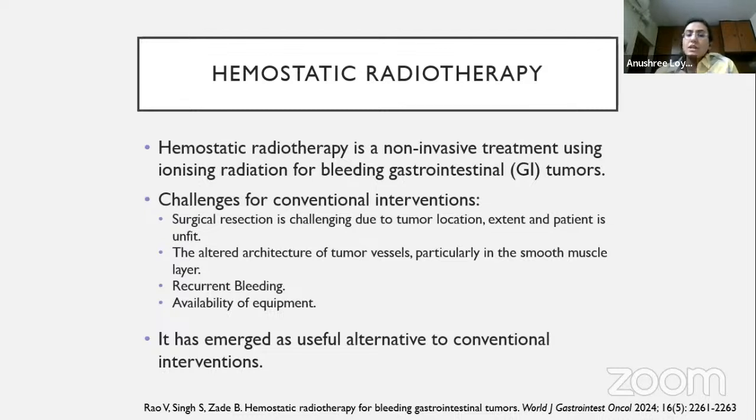Also, we know that the architecture of the tumor vessels in cancer is different from that in other causes of bleeding, so endoscopic methods or embolization may not always be successful. Even if it is successful, the patient may present with recurrent bleeding, or sometimes the equipment for endoscopy or the IR team is not available. In such situations, we can consider hemostatic radiotherapy.